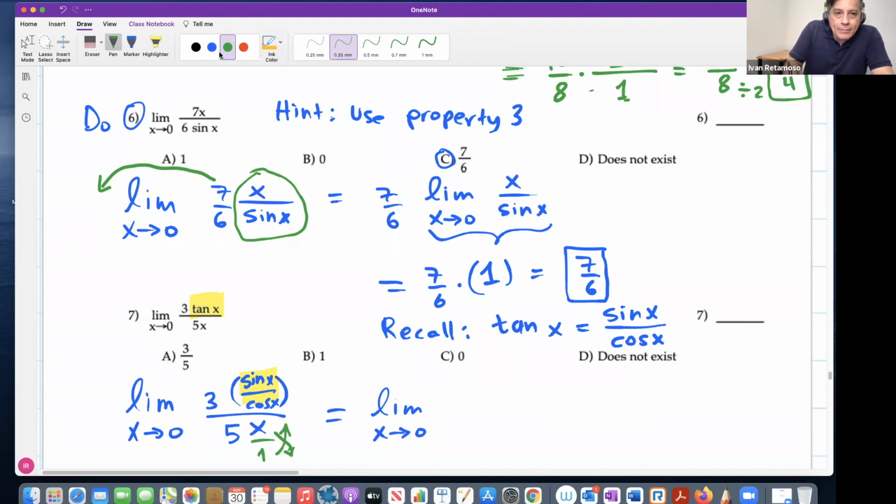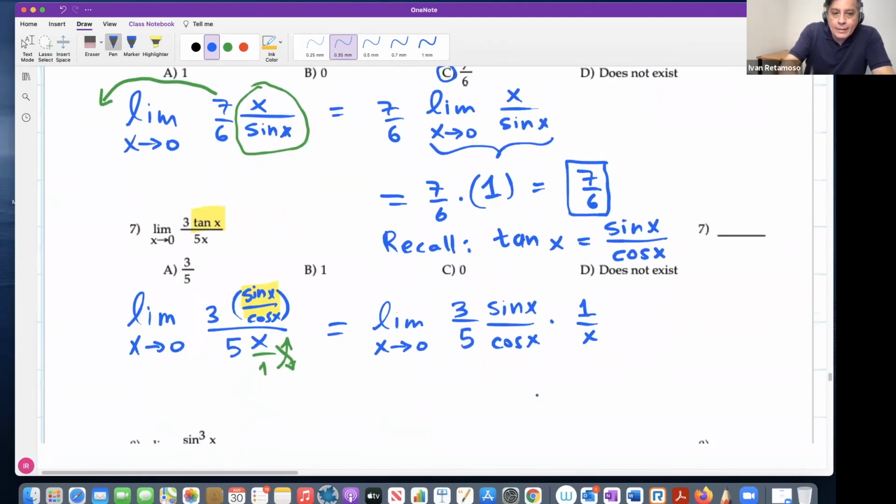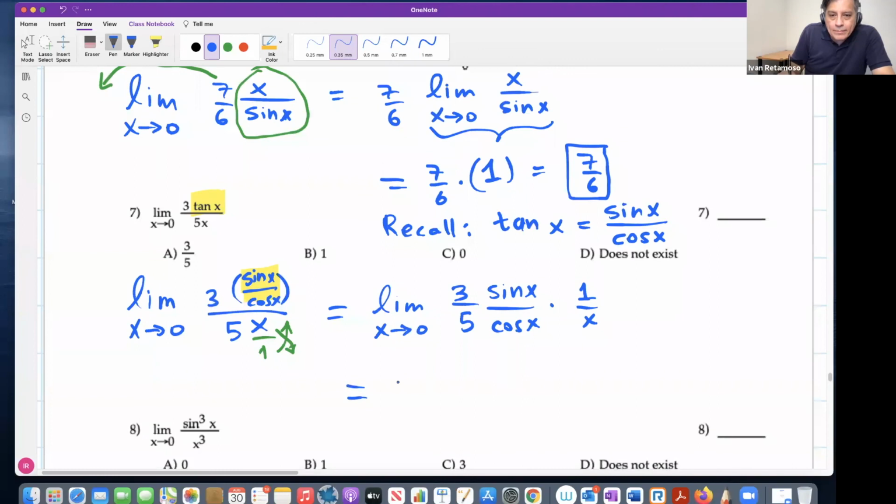So this will be equal to the following: 3 over 5 multiplied by sine of x over cosine of x times the reciprocal of this, 1 over x, right? But now, what is this equal to? Well, after taking this constant out, we have a property, the constant multiplication rule, right? This will be the limit of sine of x over x.